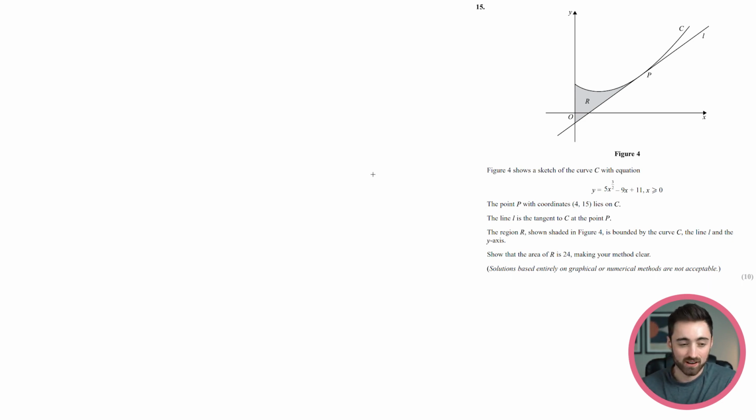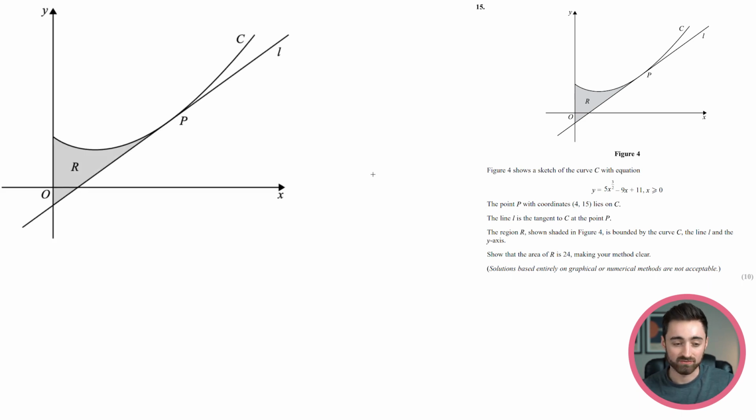Right, there's quite a lot kicking off here, isn't there? Best idea, get the diagram up, and then just figure out what's kicking off. Like, what are we going to need here? We obviously want the area of this R. Problem is, it's not as simple as just doing an integral. There's a few parts here, isn't there? Let's think about if I was to draw a line at P down here.